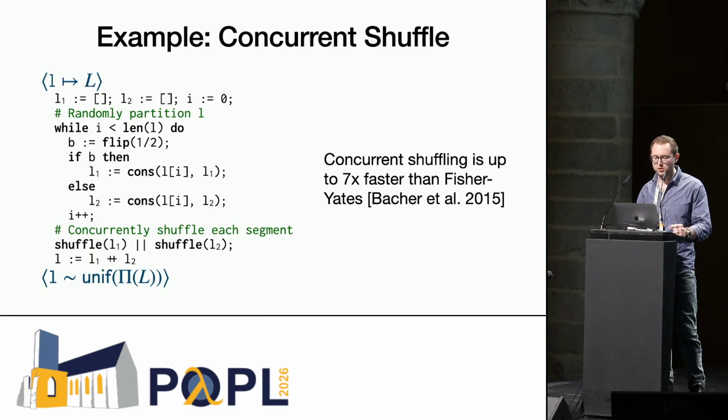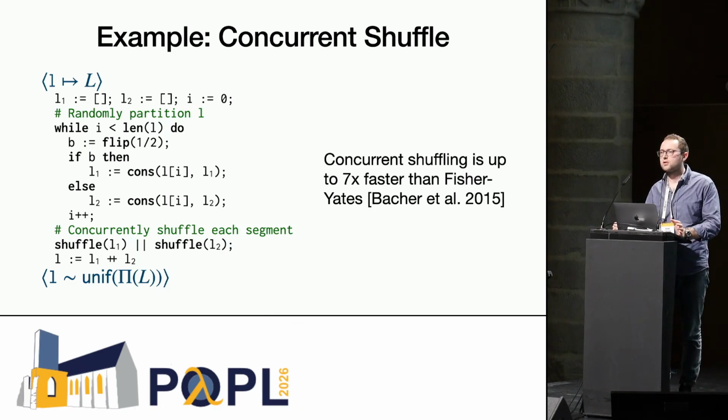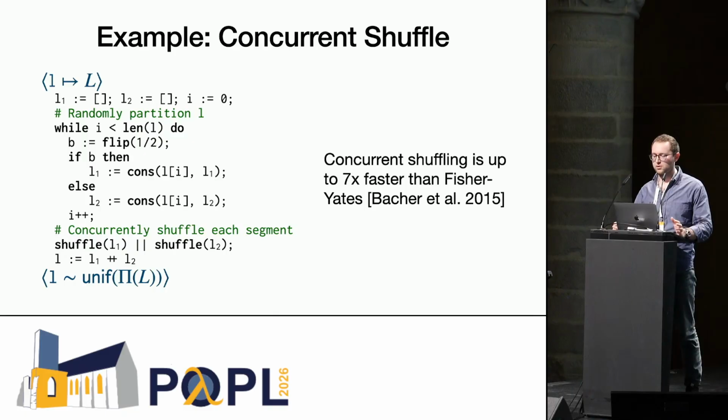I will finish just by showing two examples from the paper. The first one is a concurrent shuffling algorithm. This is based on a result from Bakker et al. 2015. They showed that using a divide and conquer style algorithm, you could get up to 7 times speedup for shuffling over just doing it like the standard Fisher-Yates.